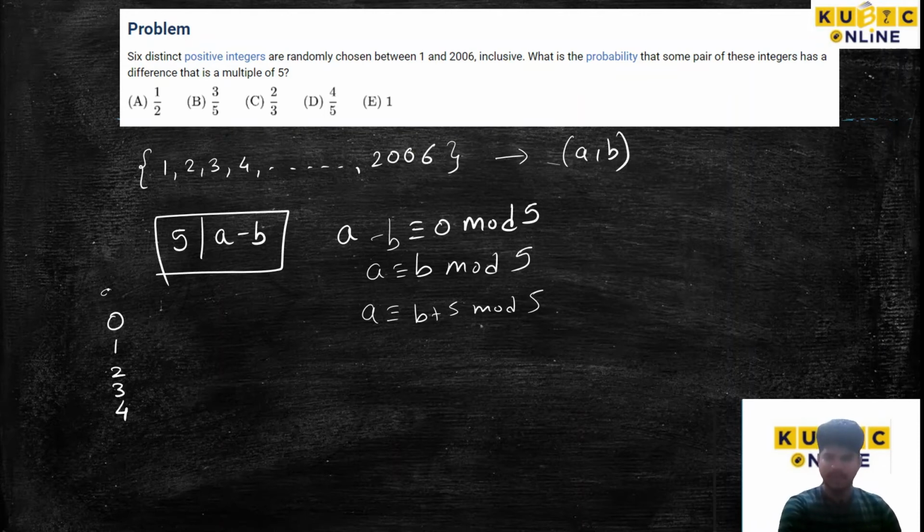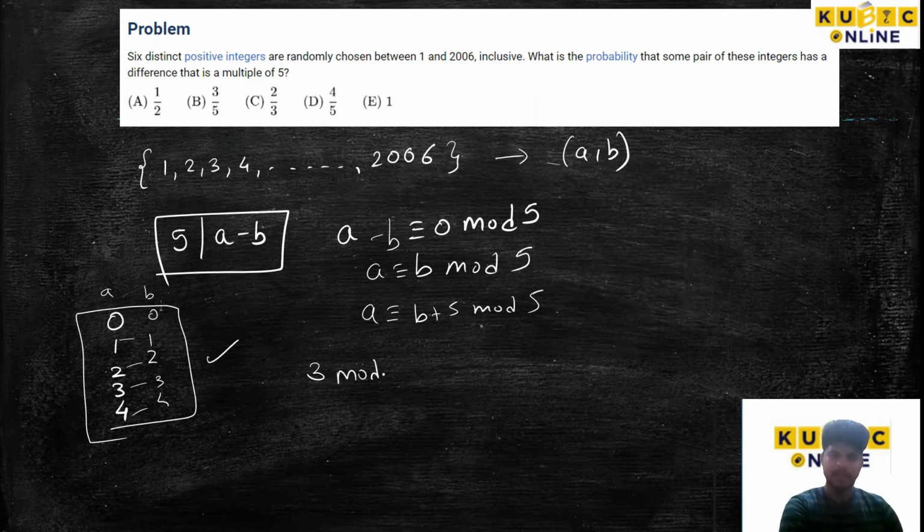So if A is this and B is also 0, 1, 2, 3, 4, these are 5 cases. Then is there any other case other than this? If A is anything other, let's say A is 3 mod 5, and B is, let's say, 2 mod 5.